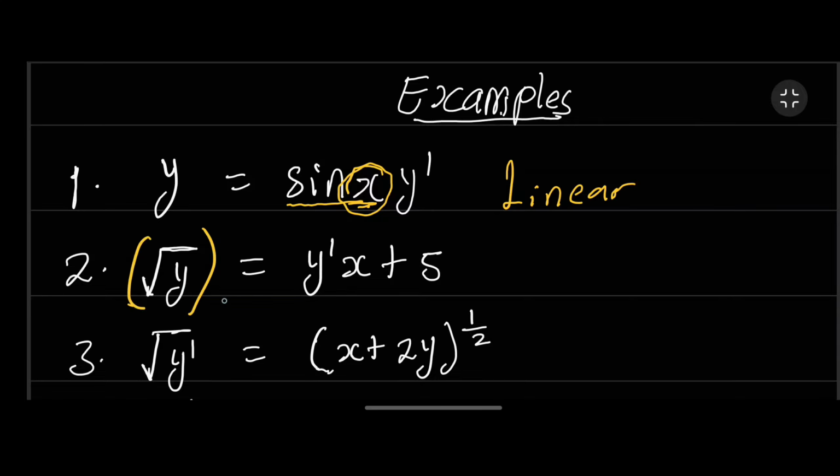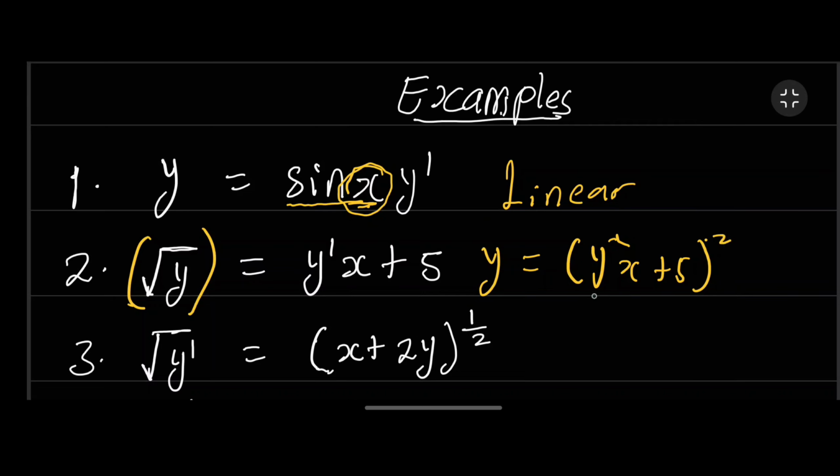Now, is there a way to manipulate this into a different form that makes y not have that? Let's check. If you square both sides, we would end up having y prime x plus 5 raised to the power 2.